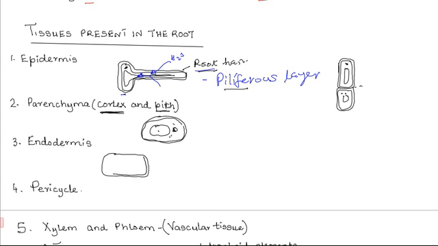And then secondly, there is a woody band of material on the outer surface, known as the Casparian strip.